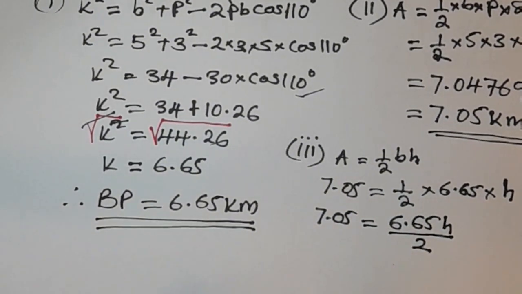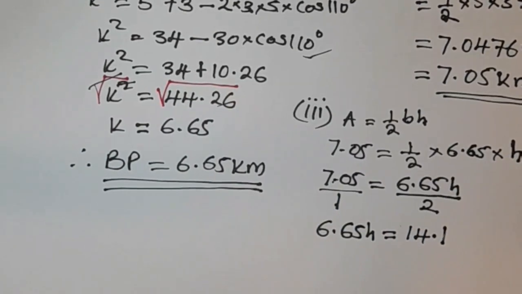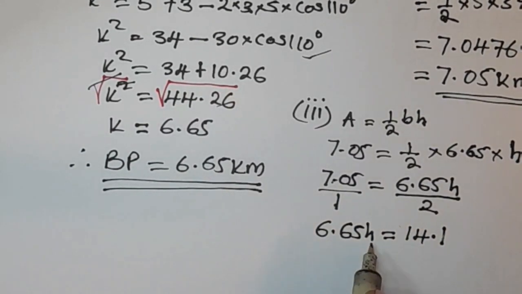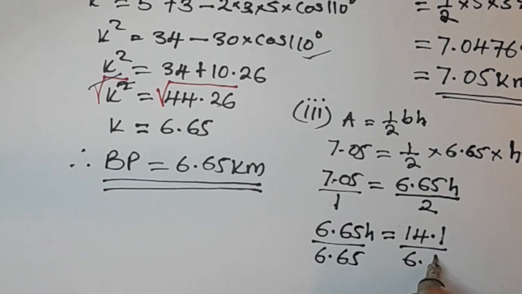So we have 7.05 is equal to 6.65h divided by 2. Then at this point on the right you have a fraction. You can also make this as a fraction by saying over 1. So you can say 1 times 6.65h, you have 6.65h. Then 2 times 7.05 is 14.1. Remember, we are looking for h. So to find h, divide through by 6.65.